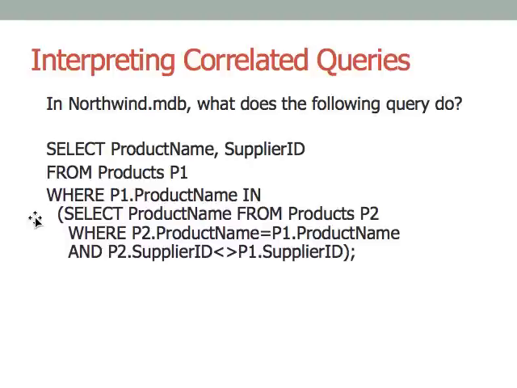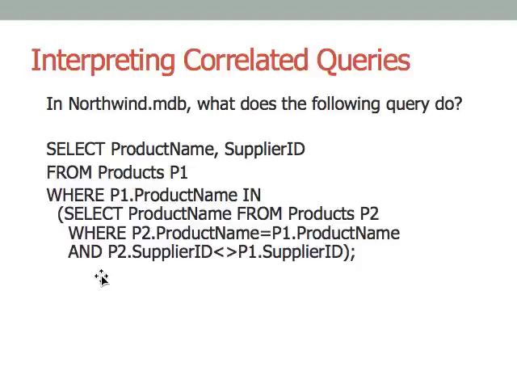So remember, the correlated query executes one loop in the outer query and then runs through the inner query. So here, with one product from product as P1, we compare with all the products in product as P2, and then wherever we find that the supplier IDs don't match, we output that row and then go on to the second product in product as P1.